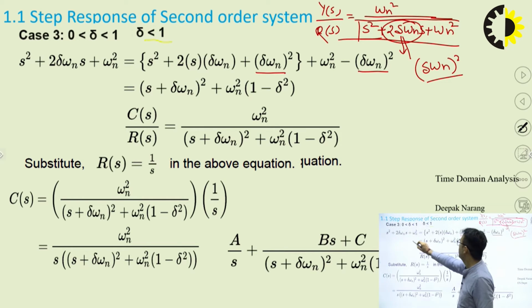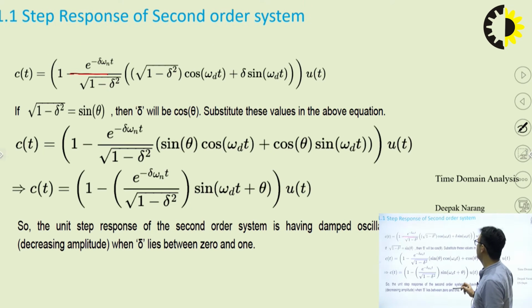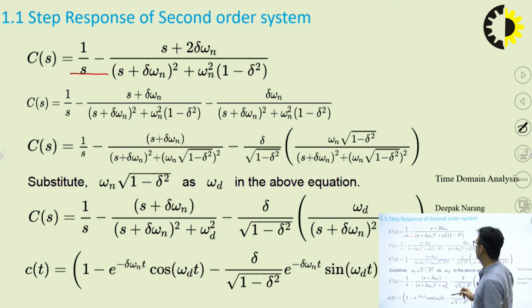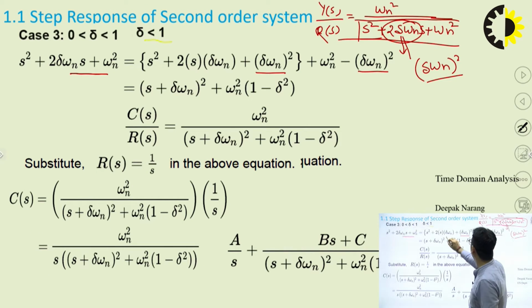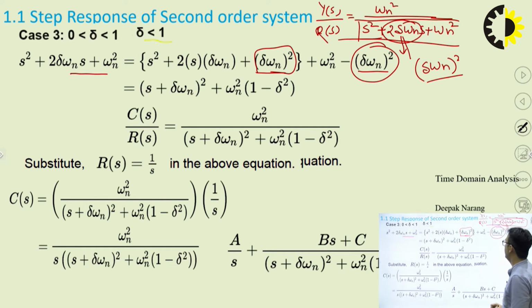So we are considering this denominator part, which is characteristic of this system, and we are adding this delta omega n square and subtracting the same.